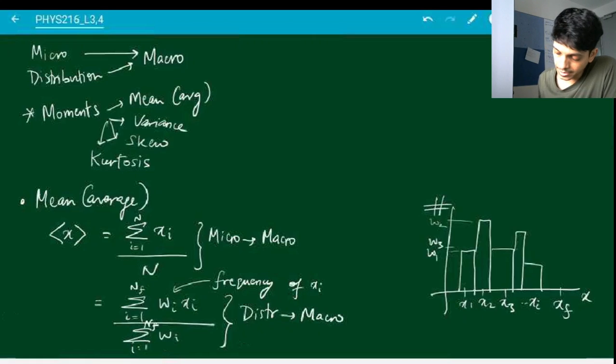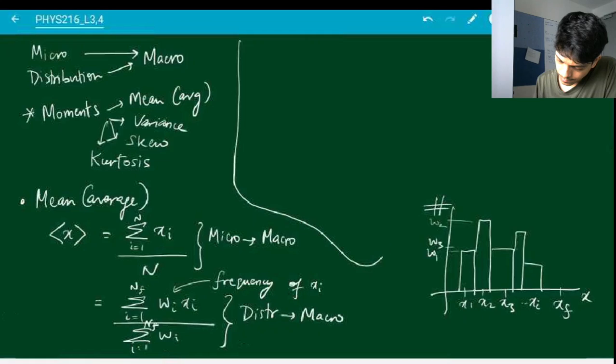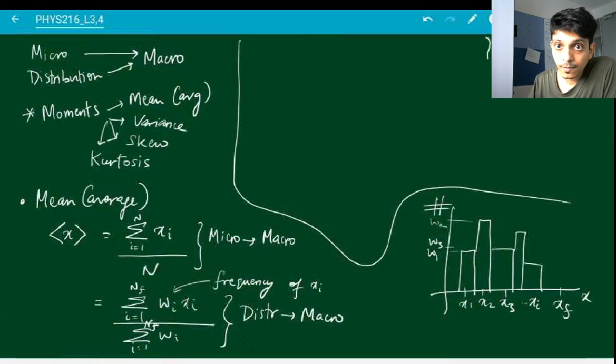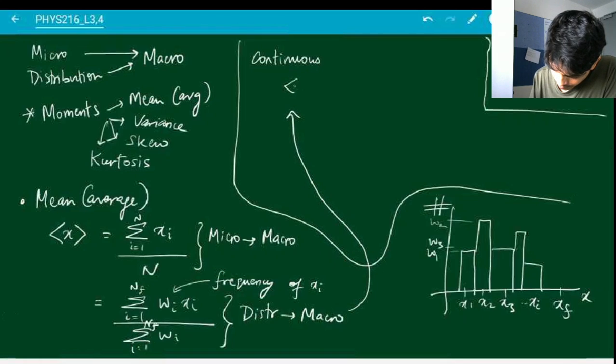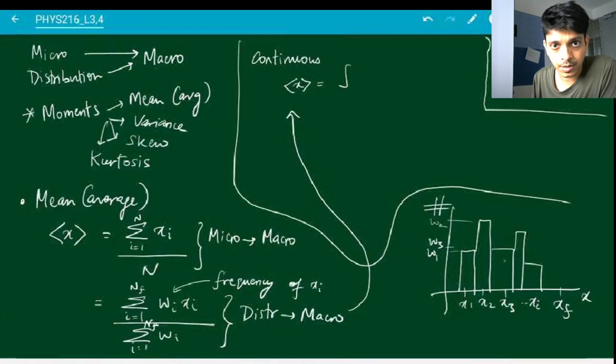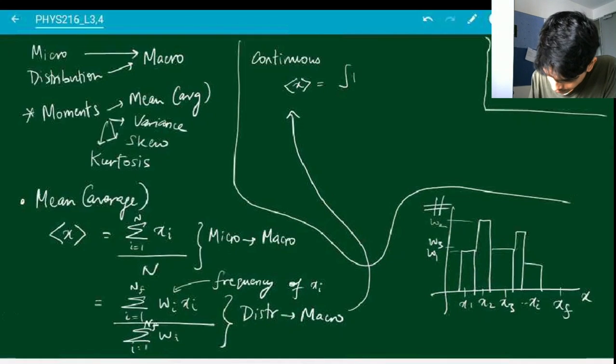Now let's take this to the continuous limit. If you have a continuous variable, if your x is continuous, then the same formula in terms of the wi xi becomes this: the sum becomes an integral, and the wi, the histogram frequency, becomes the probability density distribution.